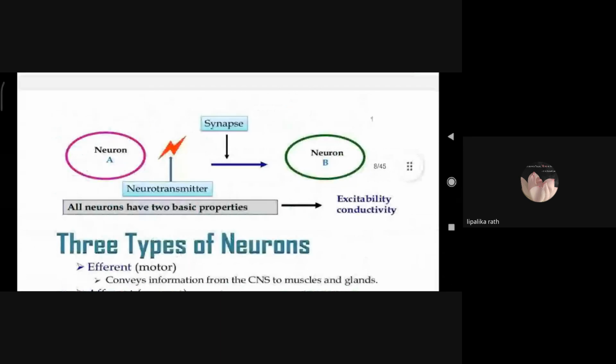Now, in this picture you can see how information is transferred.